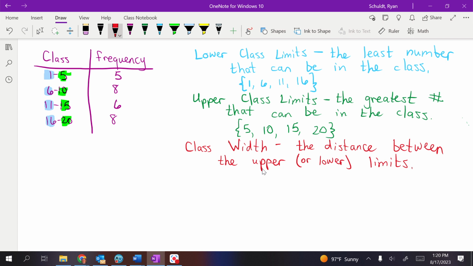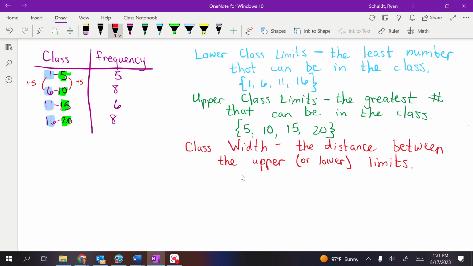If I were to look here, I just want to look at either the upper or the lower to get my class width. So what's the distance between 5 and 10? Plus 5. What about between 1 and 6? 5. See, they're the same. That's our class width.